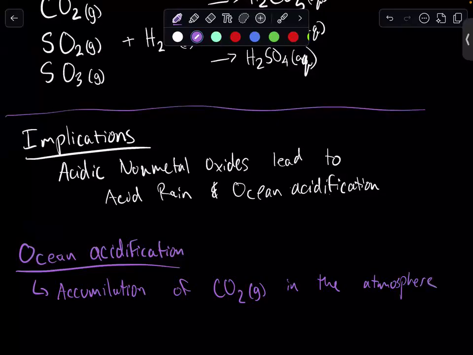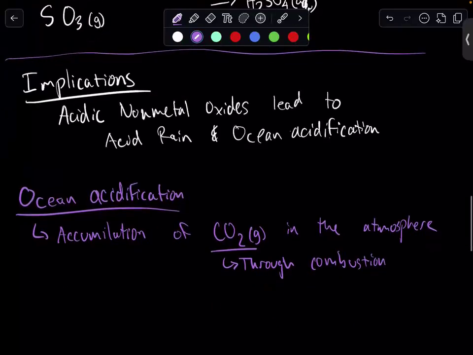Now, we produce this through combustion of fossil fuels. Well, we get it through combustion of almost anything. In fact, we exhale carbon dioxide when we respire, through combustion of glucose in our body. But we mostly get it through combustion of fossil fuels. That's the big turning point of where we started producing too much carbon dioxide.